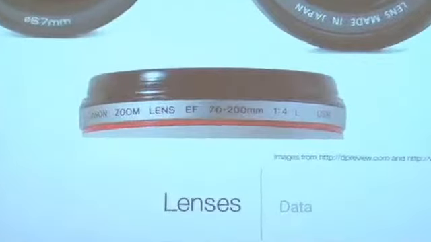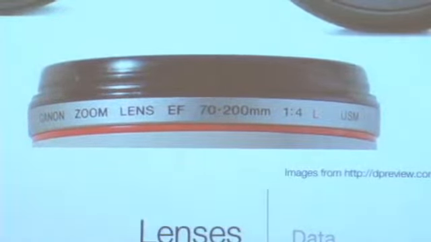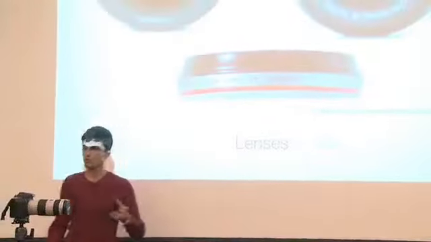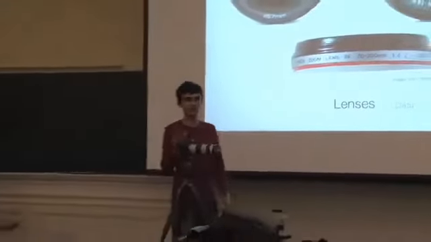It remains the same throughout its zoom range. Theoretically speaking, if money were no object, that's generally what you want: an f number that remains the same, because that way it doesn't alter your exposure calculations as you change zoom ranges, and it also doesn't affect the brightness of the viewfinder.